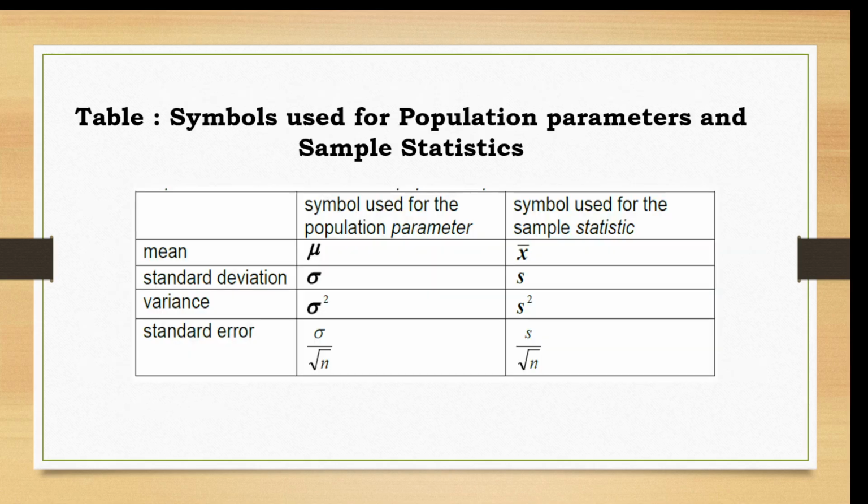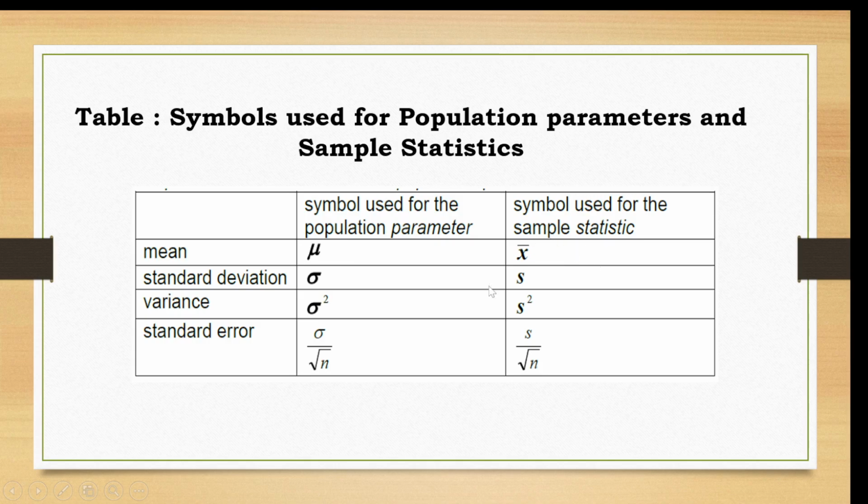First of all, let us look at some of the symbols used to denote the population parameters and the sample statistic. The Greek letter mu is used to denote the mean for the population, whereas X bar is used to denote the mean for the sample.